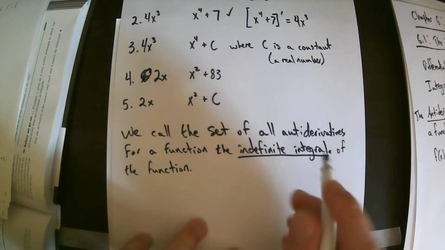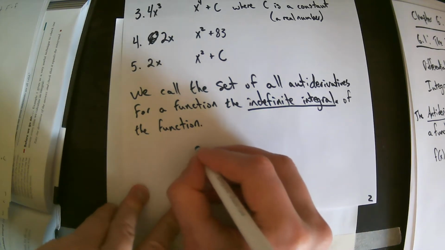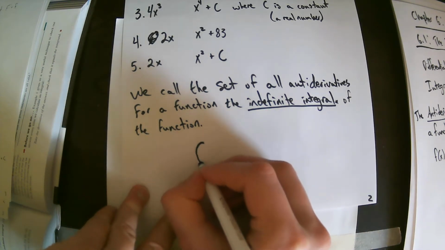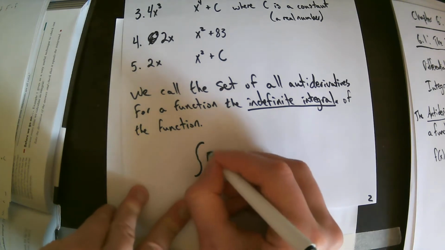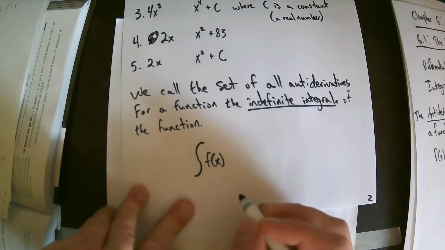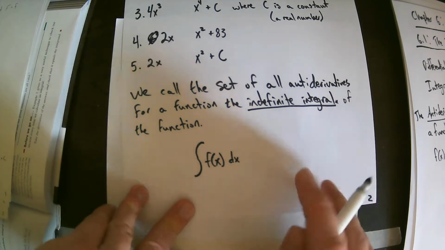We denote the indefinite integral by what looks like a giant S. That's an integral sign. And you write the function that you want to find the antiderivatives for, and then dx.